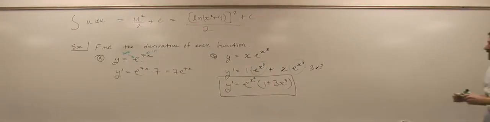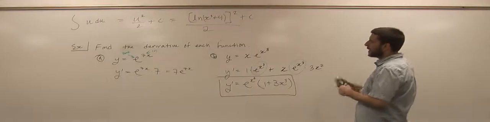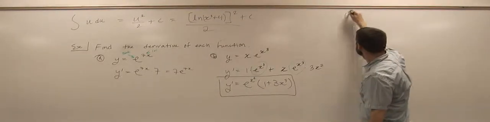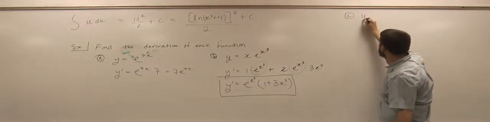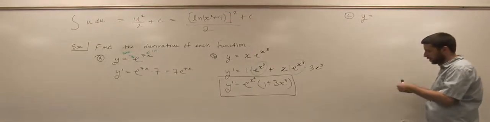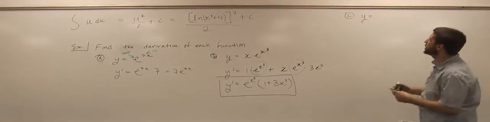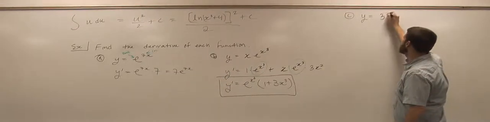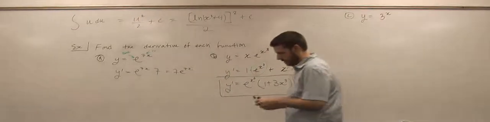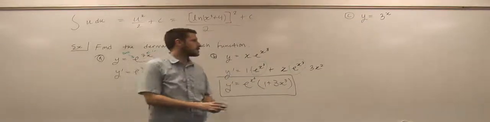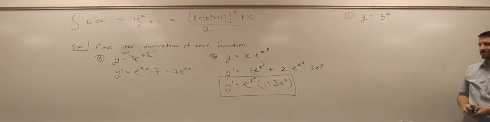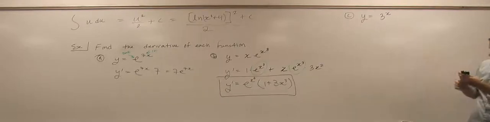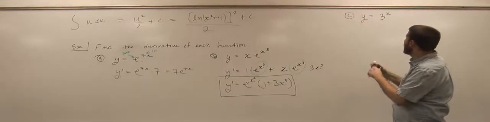So we like e to the x. We like slightly less other bases to the x. So for example, in 5.4, we made it a little more complicated by looking at things like 3 to the x. Remember how the derivative works if it's 3 to the x instead of e to the x? Yeah, so 3 to the x wants to be e to the x.